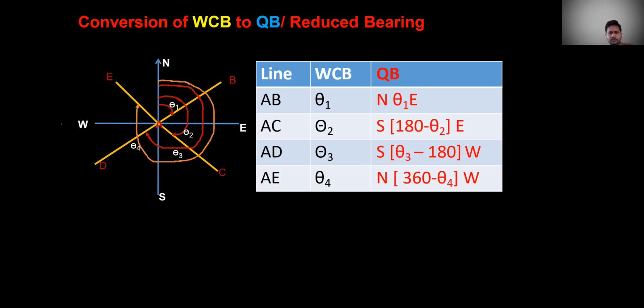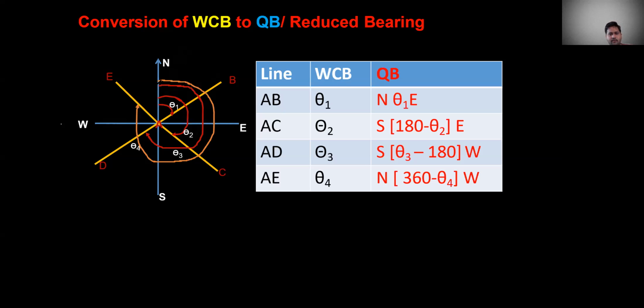If you see here, line, whole circle bearing and quadrilateral bearing. It is the station AB.